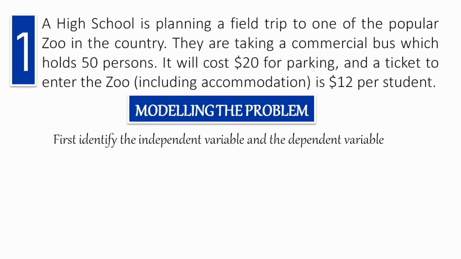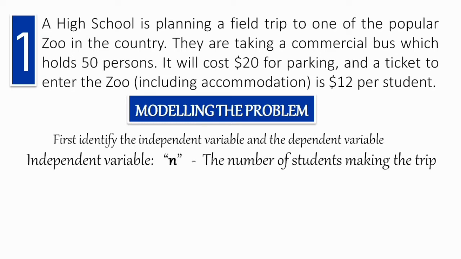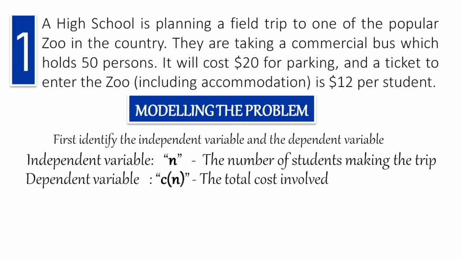The number of students will determine the cost of the trip. So we say the number of students is the independent variable and the cost of the trip is the dependent variable. The independent variable n is the number of students making the trip. The dependent variable is c of n, which is a function of n, the total cost involved.